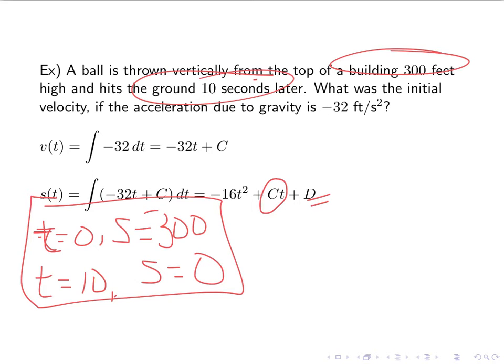So what I want to do is use one of them to find one of my variables, c or d, and to use the other equation to find the other one. So I want to use this first equation first because it has a very lovely t equals 0. So I'm going to plug in 0 for t, s is 300, and this guy here is going to go away, so I'm only going to have d left.